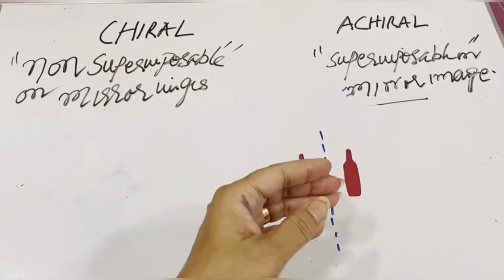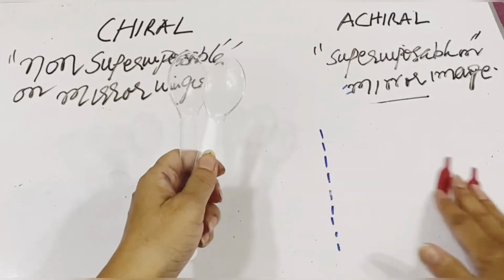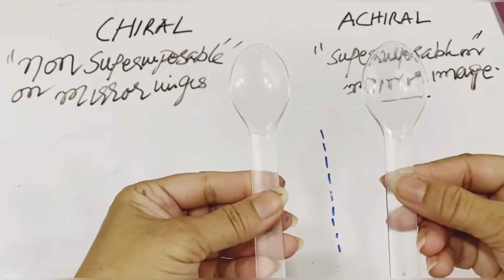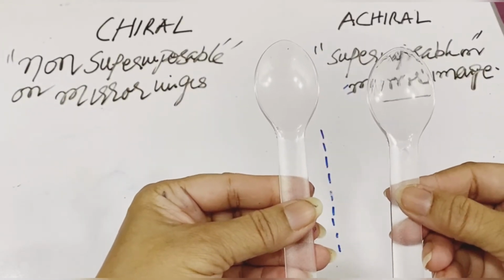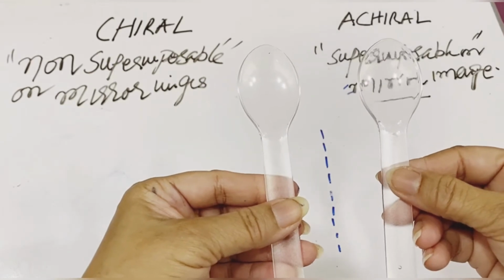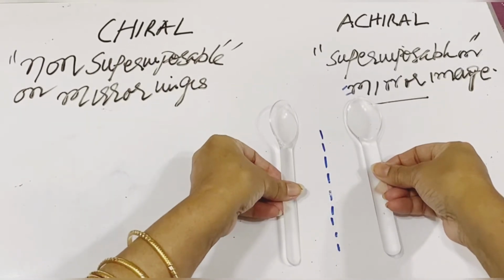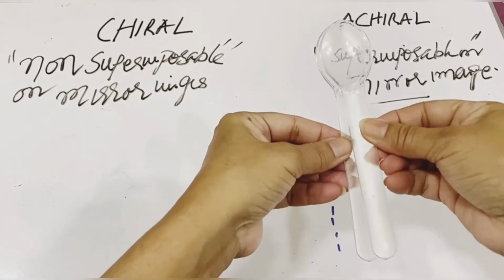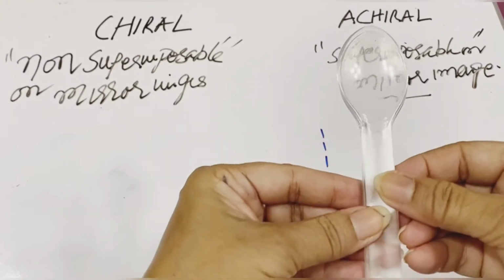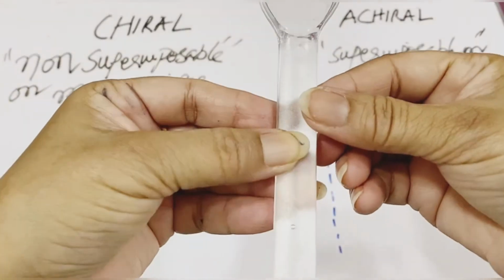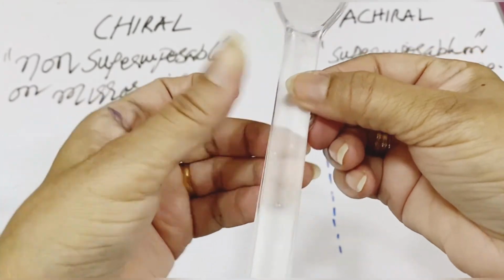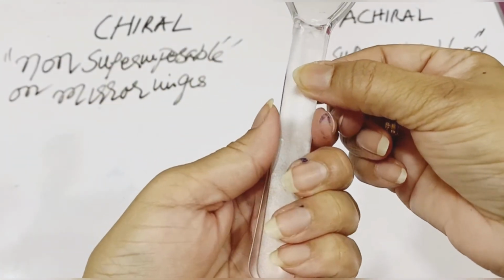Okay, another example, spoons. These are again achiral objects. You can simply superimpose them easily. Just look at them.